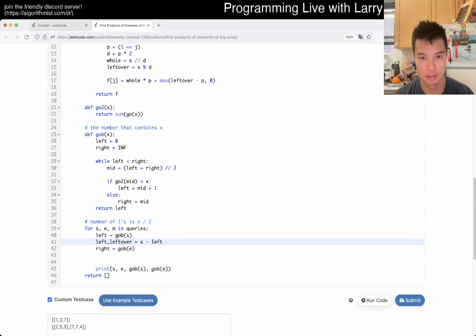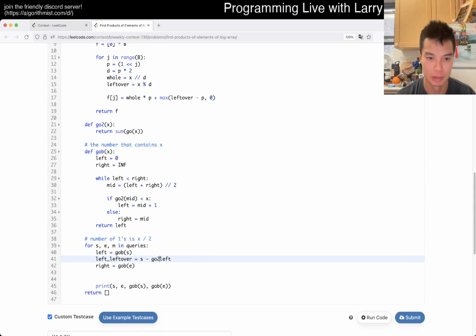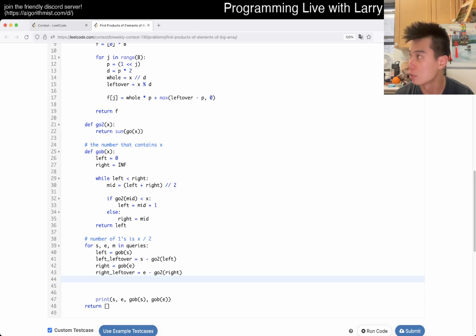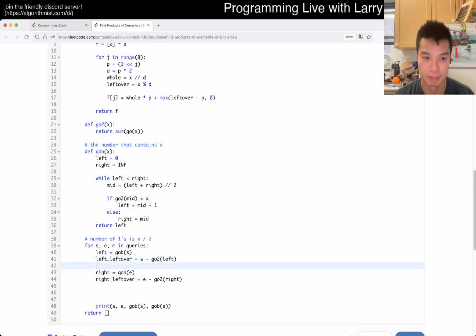No, that's not right. Well, left is the, oh yeah, because this gives me this, but now we want to actually go to, probably, and then now it is just the prefix, right? So we can just do a loop. Yeah.